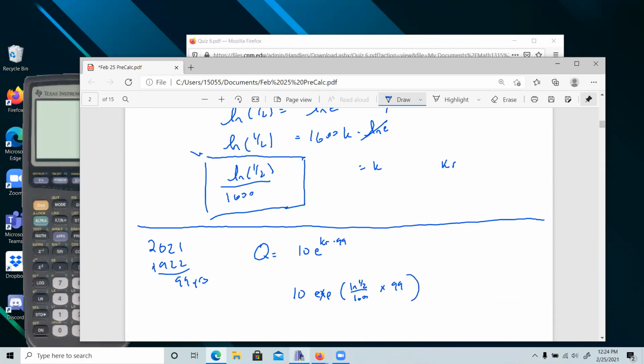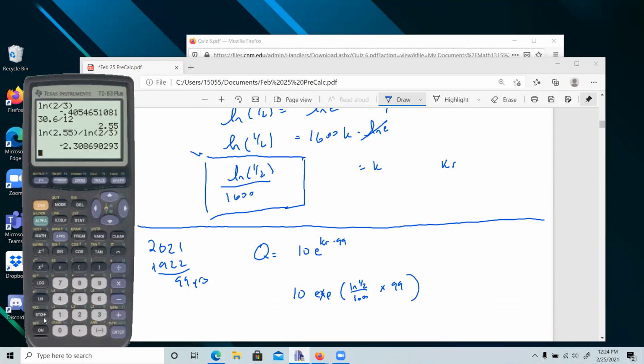In our calculators, we're going to take 10 times e to the, and then type in natural log of 0.5. Don't forget that you need the parentheses there. Divided by 1600 times 99. If you put parentheses around the natural log 0.5 over 1600, that'll be just fine. If you want to separate that out a little bit, that's fine.